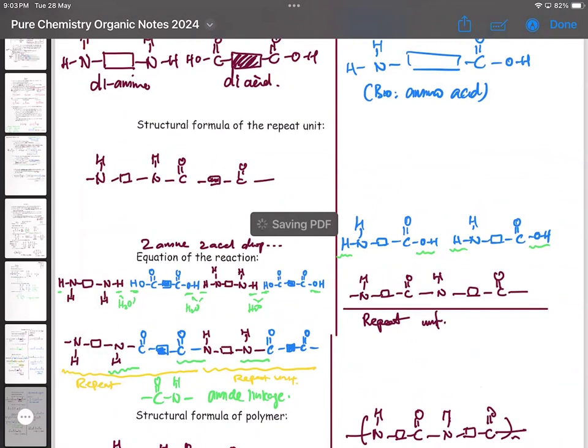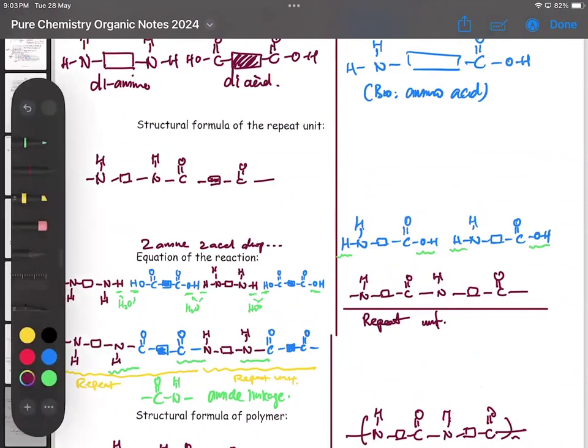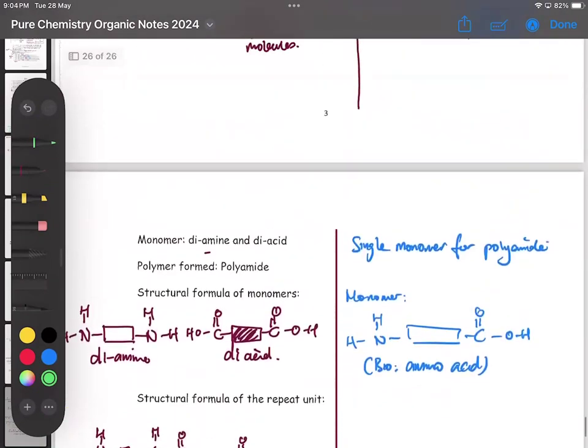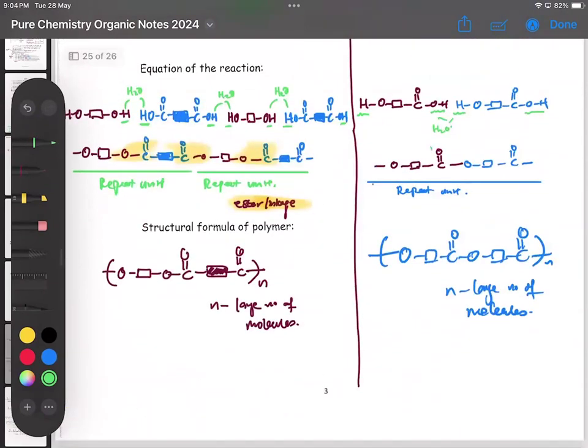All right, this is still a polyamide. Bear in mind, you should really recognize here it's our polyamide linkage. So it's still considered a polyamide. You can see that this is also our ester linkage, COO. Exactly the same as the previous case.